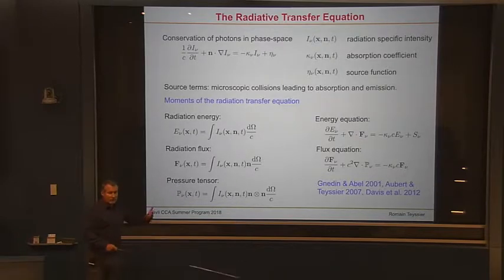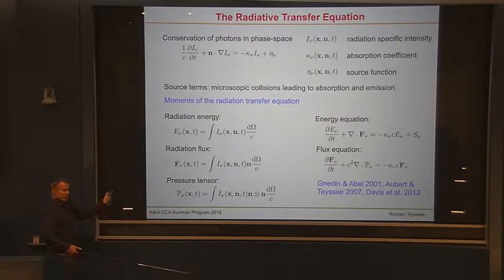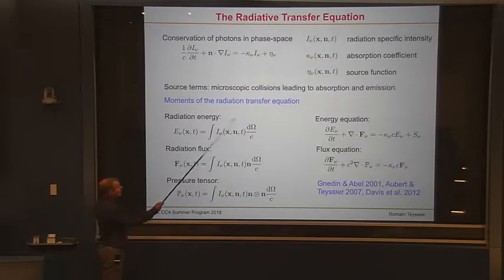Because that's what we do with radiation that moves at the speed of light. And of course, the angular space is two variables, and so the third degree of freedom is in nu, the photon energy. So you have velocity space, 3 degrees of freedom, angular space and energy space, 3 degrees of freedom, we're good. So you can define this average over the angle, which gives you the radiation energy, a scalar.